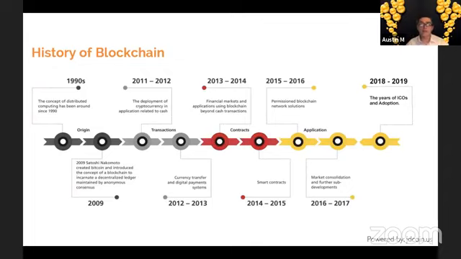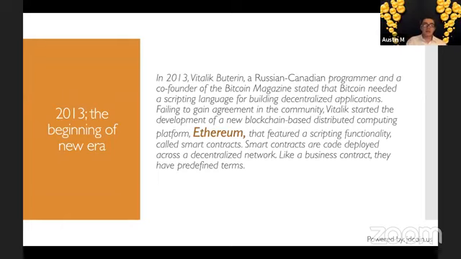So as we mentioned before, Vitalik Buterin was the creator of Ethereum. It was a whole new era for everything. He's a Russian-Canadian programmer and co-founder of Bitcoin Magazine who stated that Bitcoin needed a scripting language for building decentralized applications.